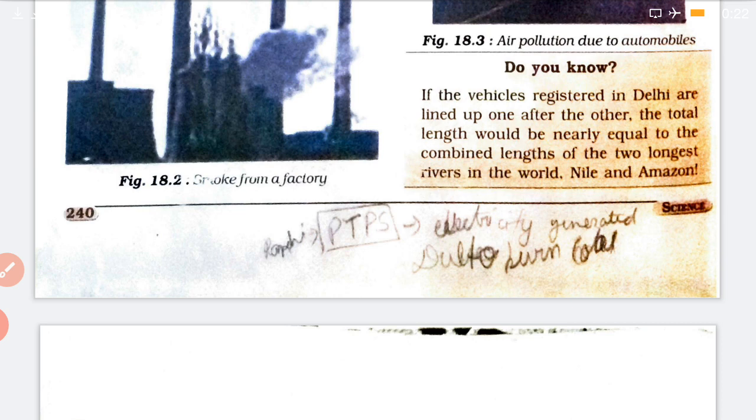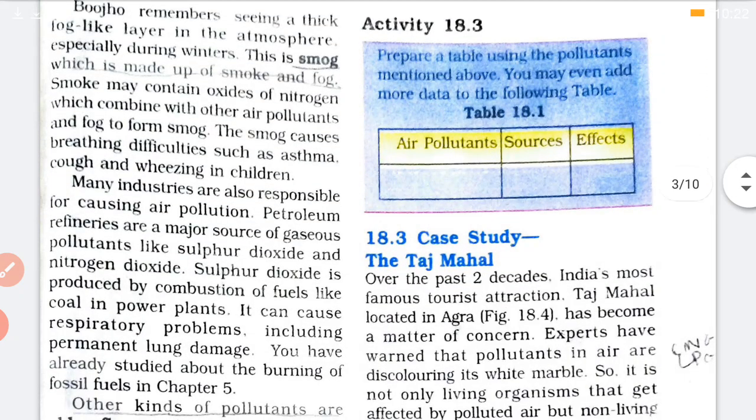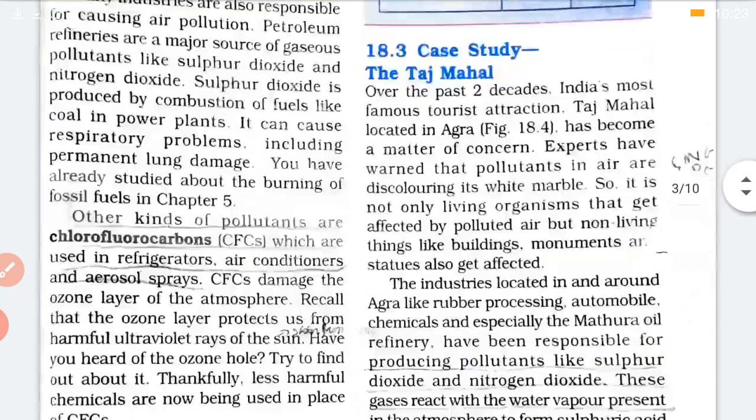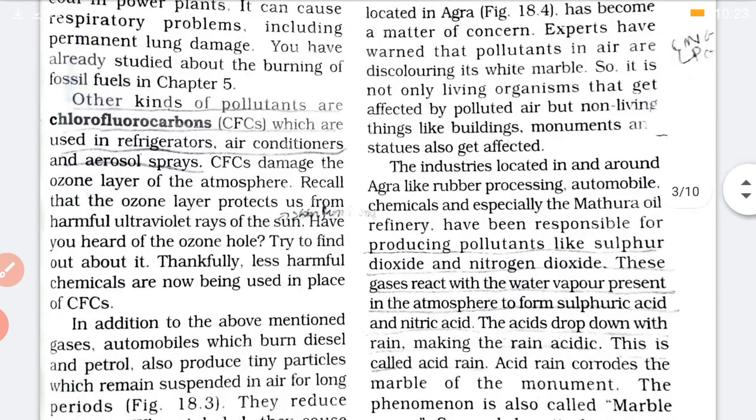And this smog again causes breathing difficulties, and there may be cough and sneezing in children, so it is also dangerous for us. If you watch the news during winter, every time in Delhi this occurrence of smog happens. Schools and offices have to be closed because of this. So this is one of the major threats.